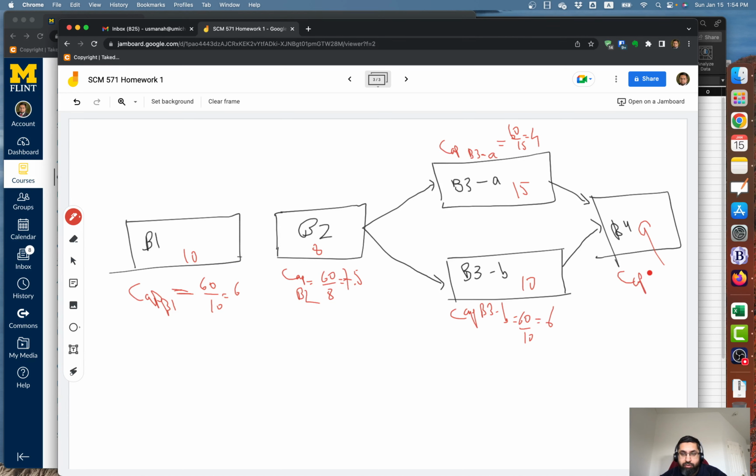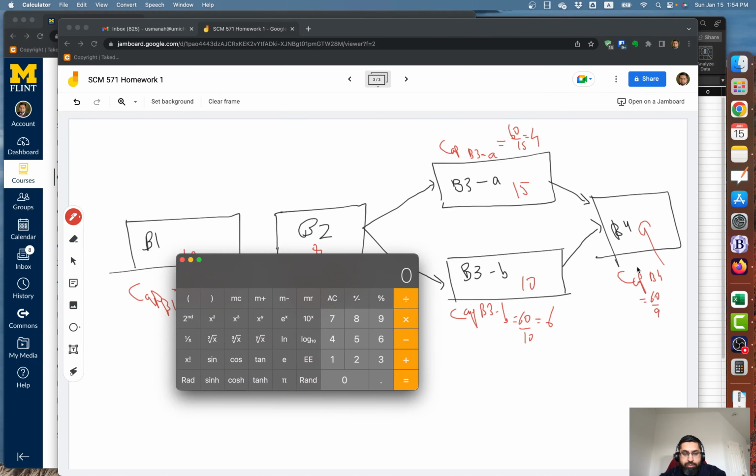And then capacity of B4 will be 60 over 9, which will be a little bit more than 6. So let's just calculate that. 60 divided by 9, 6.67.